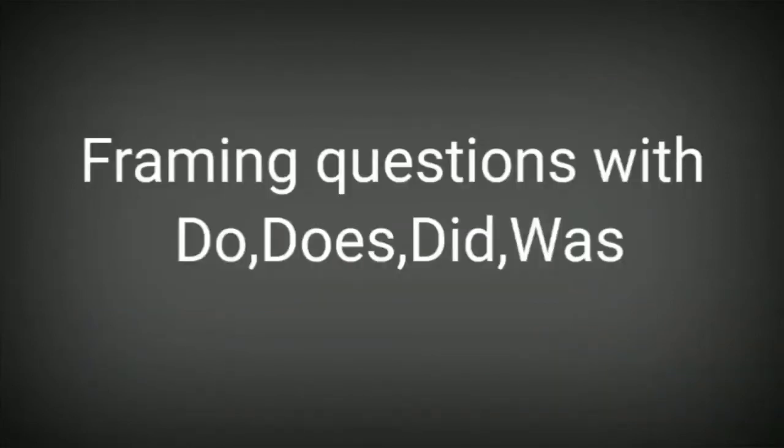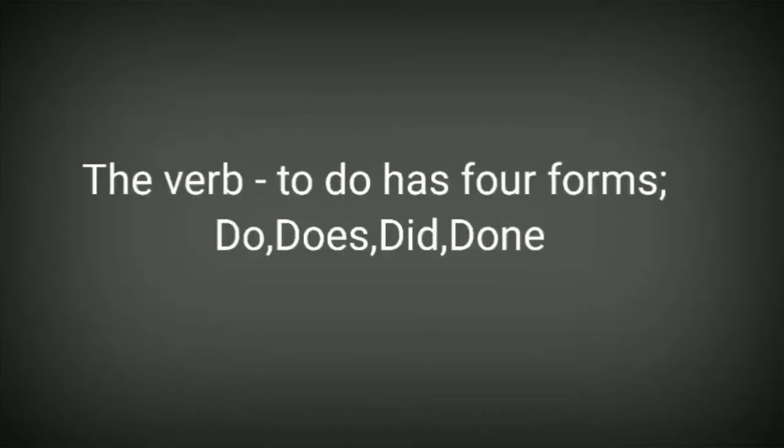The last topic in grammar is framing questions with do, does, did and was. Before framing questions, let me explain when to use the verb do. The verb to do has 4 forms: do, does, did, done.